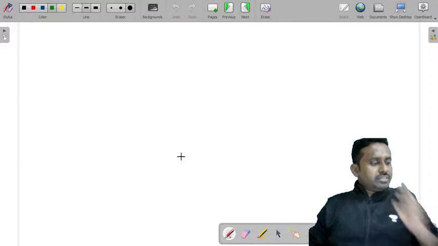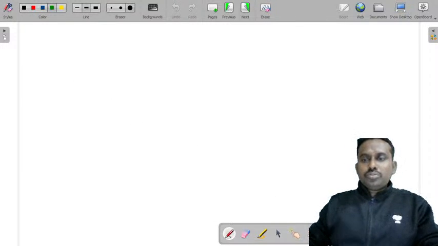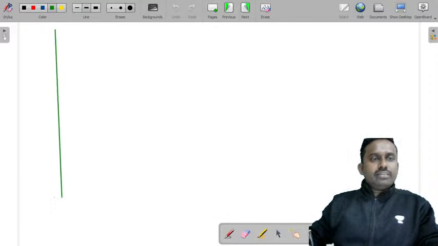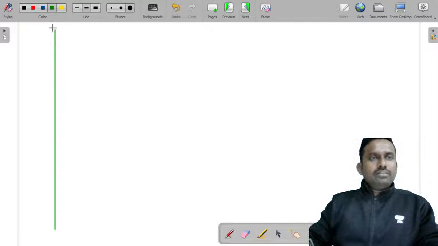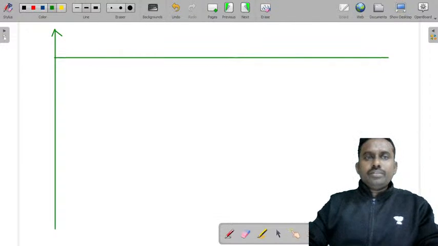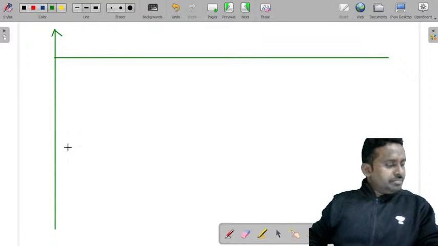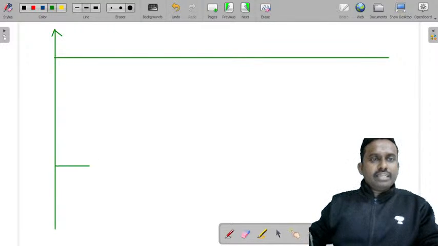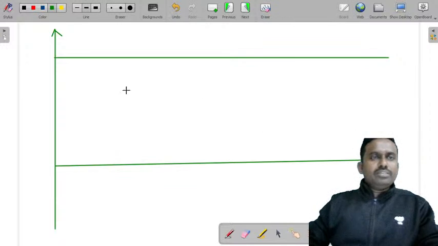This is a rough sketch. Consider this as the first corner frequency and this as the 0 dB line, and this line as the minus 180 degrees line. We'll assume this. You'll have some lines on this semi-log sheet.